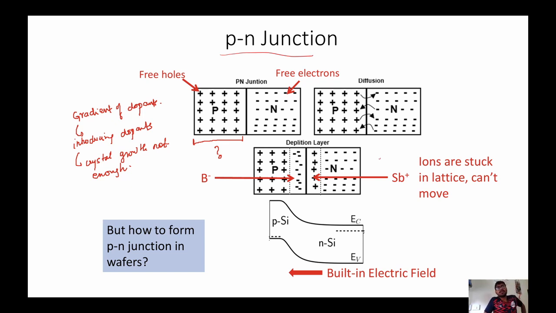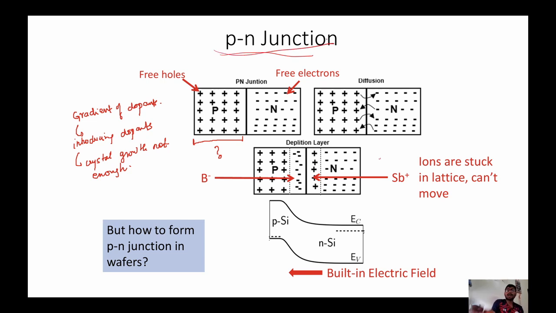These dopants are nothing but impurities. That can be done at the very first stage when we make the ingot, if we add the impurities in the melt itself, so we can dope the semiconductor. But why do we need doping through diffusion or ion implantation? That we will see.